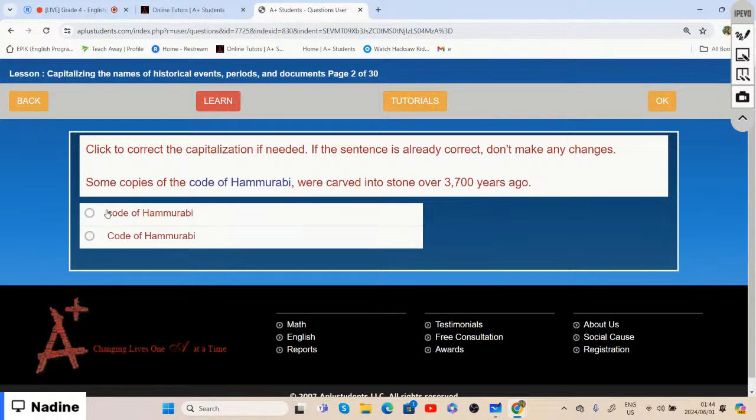All right. Some copies of the Code of Hammurabi were carved into stone over 3,700 years ago. How are we going to write this word? Code of Hammurabi. Is it like option one or option two?